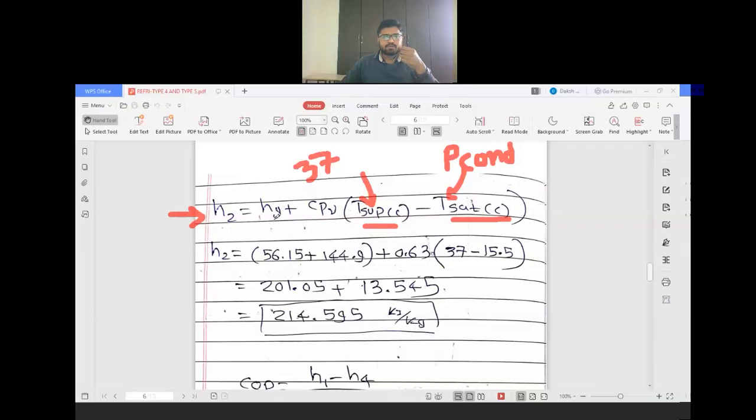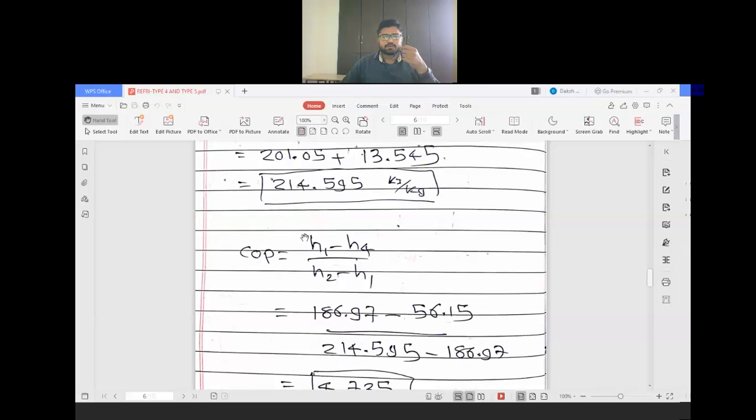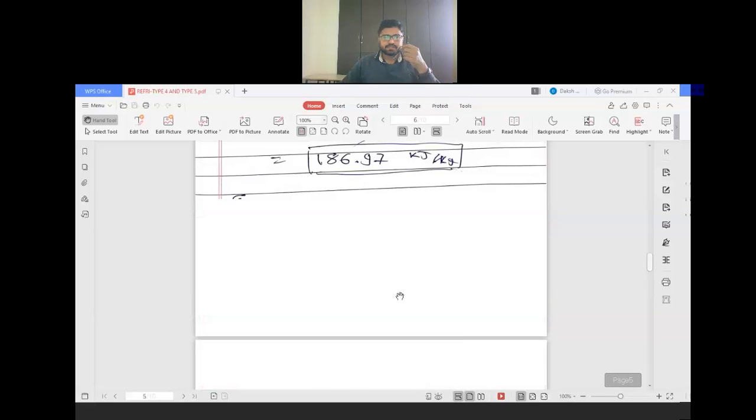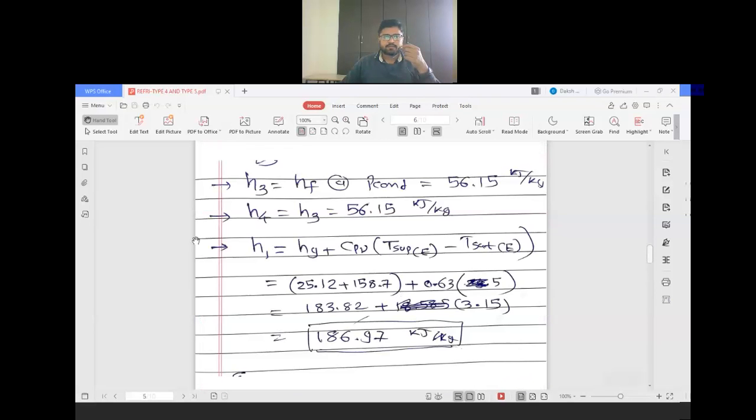Now put all the values, and you can find out the value of H2. Once you got the H2 value, just put all the values in the equation of COP, and you can find out the COP. So again you can see we found out 4 enthalpies, H3 and H4 easily, H1 also we can easily find out. Clear?